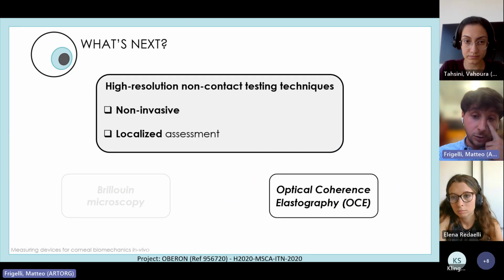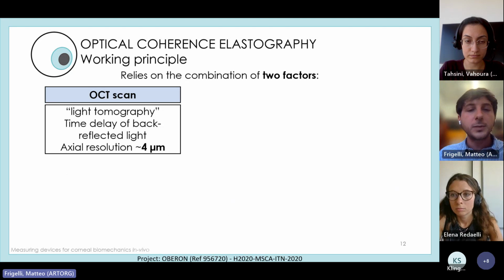The second one, which I'm more familiar with, being also a matter of research in our group, is optical coherence elastography, which is a completely different technique. This relies on two different factors that are combined. The first one is it needs an OCT scan, so an optical coherence tomography system.